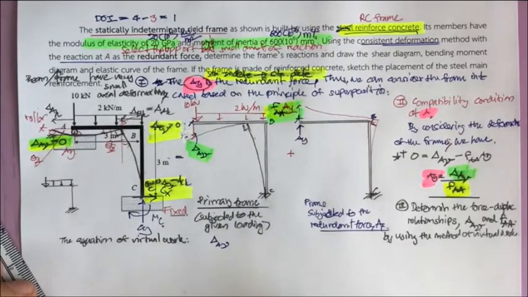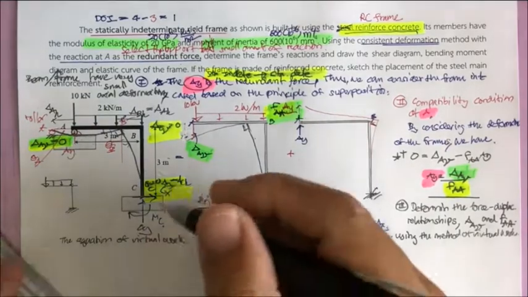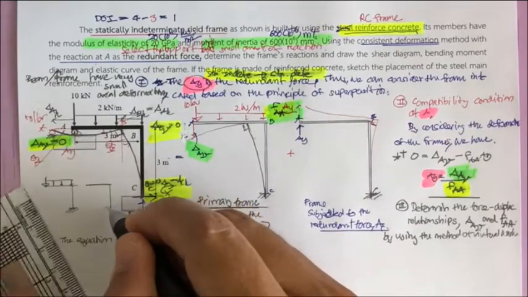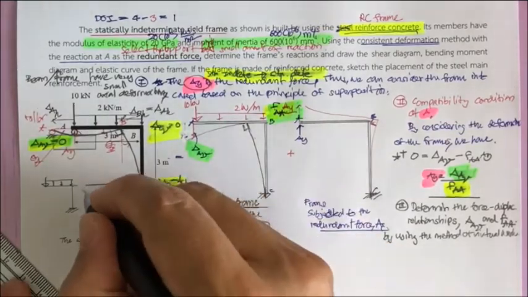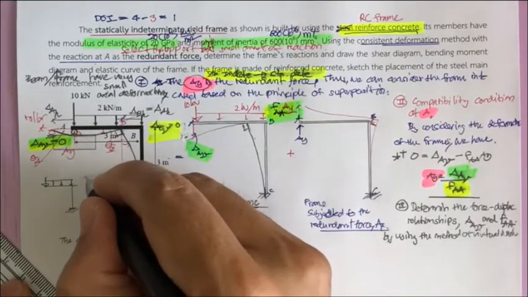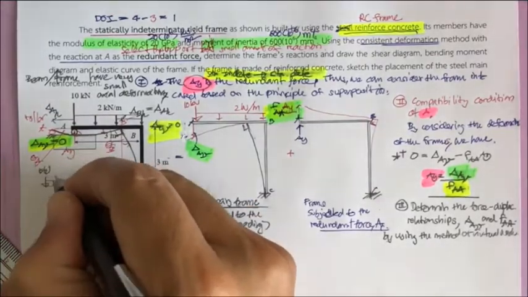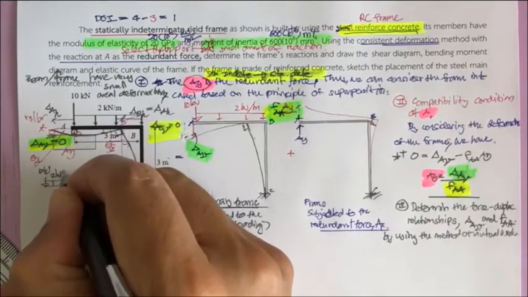And then what? You've got to put the unit force into this frame in the same direction here. So let's say you put 1.0 here. This is 10 kilonewton. This is 2 kilonewton per meter.